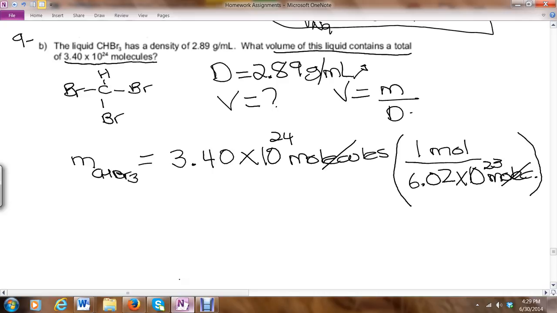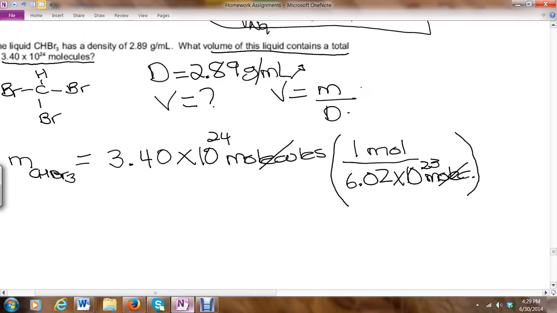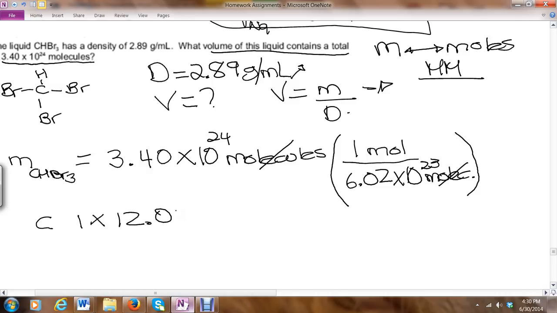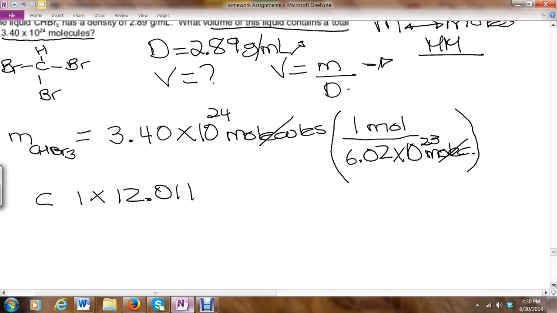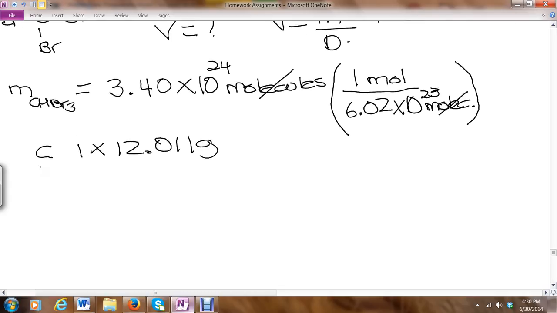Now, we're going to have moles, but we still have to convert to mass, and never forget, for the conversion of mass to moles, or moles to mass, you always use the molar mass. So what we need to do here is calculate the molar mass of CHBr3. Carbon would be 1 times 12.011 grams per mole, because it's the grams in 1 mole, plus hydrogen 1 times 1.0079.